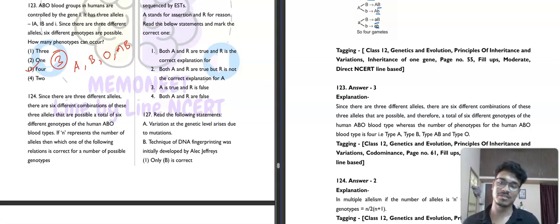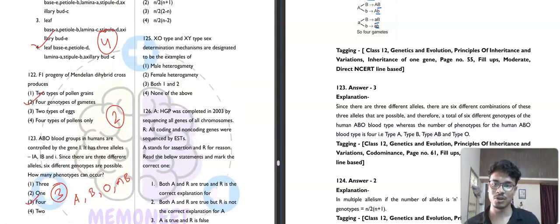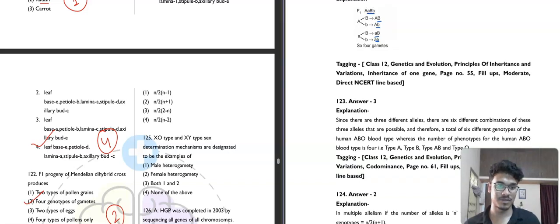Since there are 3 different alleles and 6 different combinations of these 3 alleles are possible, a total of 6 different genotypes of human ABO blood types. If n represents the number of alleles, which of the following relations gives the correct number of possible genotypes? Very valuable. You can just put values of n and check. In the second option, n is the number of alleles and the possible number of genotypes is the result.